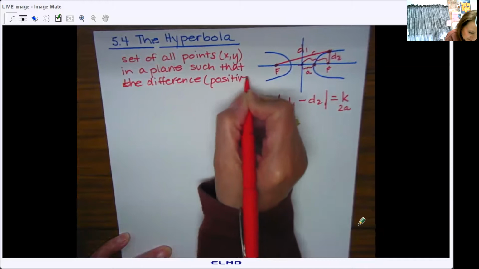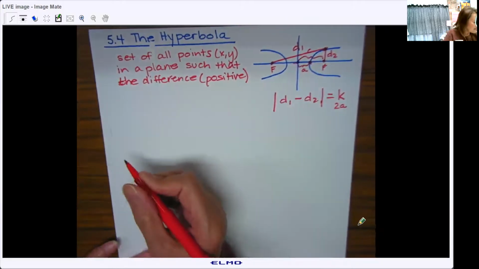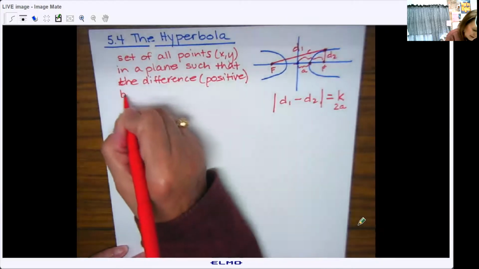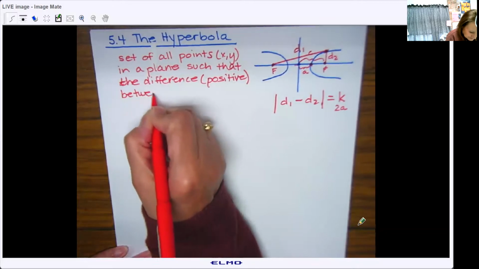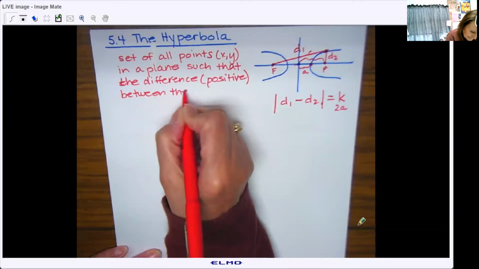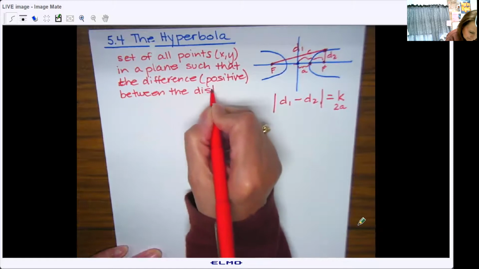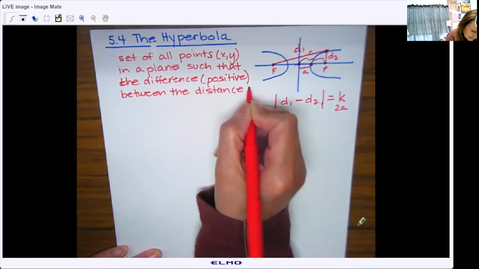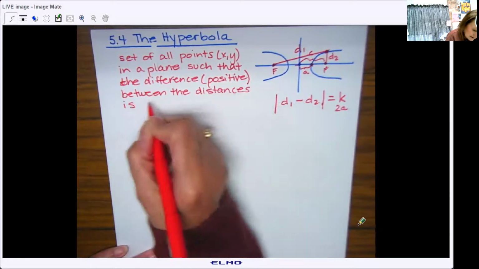In other words, you're going to take the absolute value. The difference between the distances is constant.